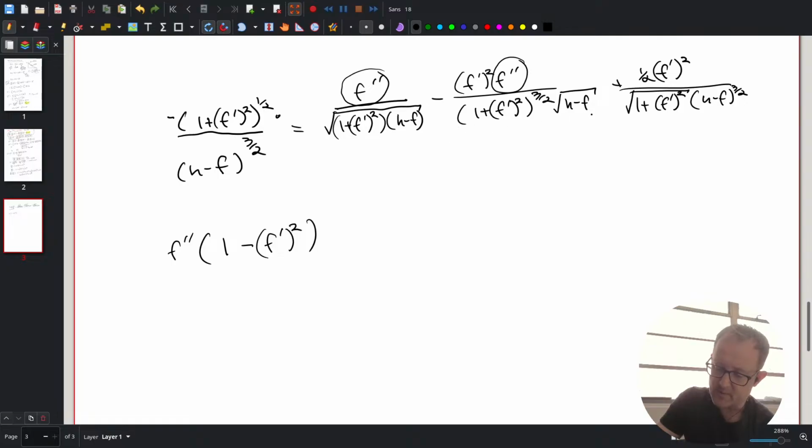There's some weird square roots in here. I think everything can go over a square root of h minus f, and then also square root of 1 plus f prime squared.